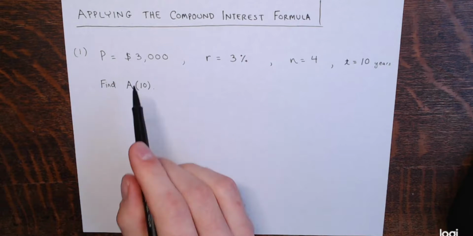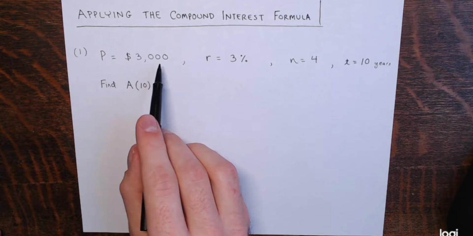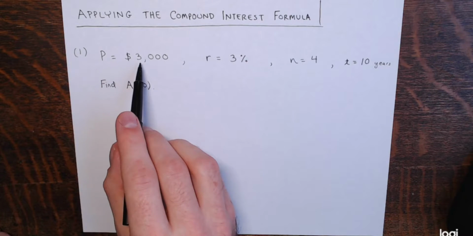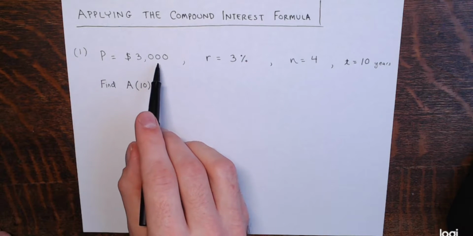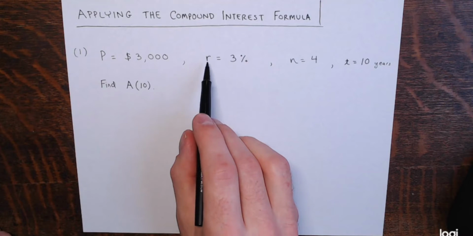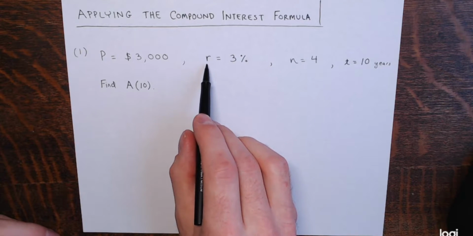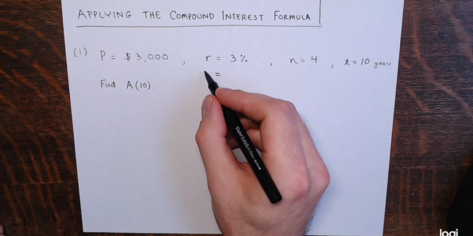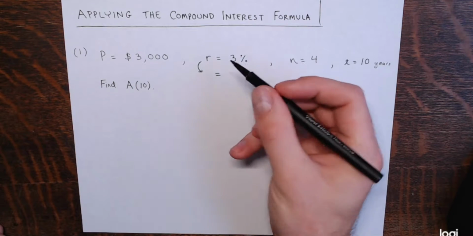The initial amount invested, the principal, the P, the present value, is $3,000 or just 3,000. The APR, the nominal rate, annual percentage rate, the interest rate for the year, R, is 3%. Now, like I said, you must write it as a decimal.